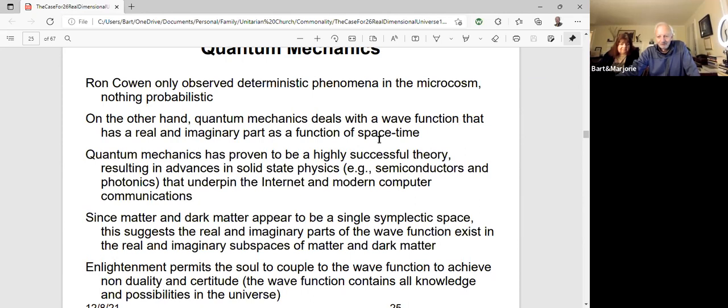Well, if we looked at the wave function as it is, it has a real and imaginary part. And what we're seeing here is there's actually the space that we live in, that we view as real, but the space that the dark matter is in is actually the imaginary conjugate of our real space.